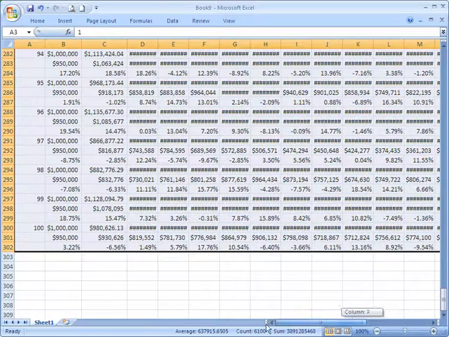Here are 100 different possible scenarios. We'd like to look at these in detail, and we'll do that in the second recorded segment for this question.